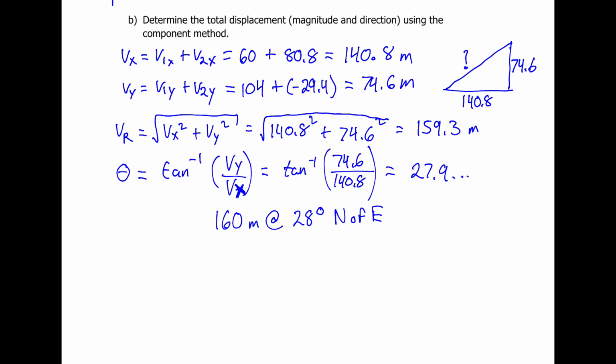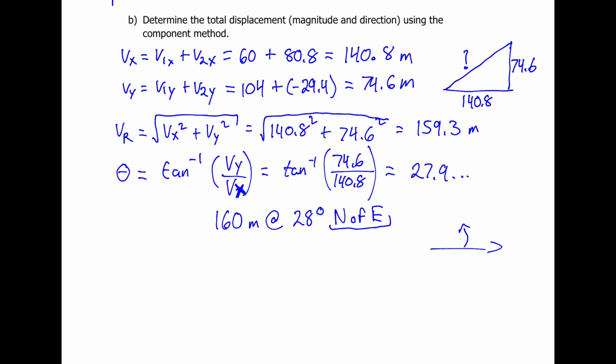That's that one. Oh, and the north of east part, right? Whenever we're doing an angle, angles have to be referenced to something. An angle is always a measurement between 2 things. It's 28 degrees between 2 things. In this case, it's 28 degrees from the east up north. So we go from east up to in the north direction.